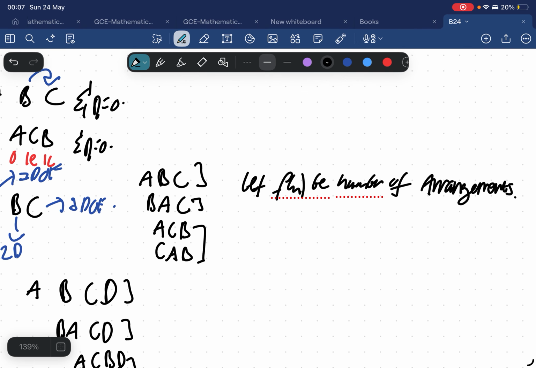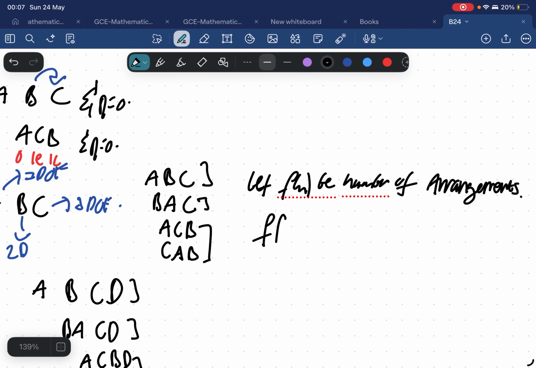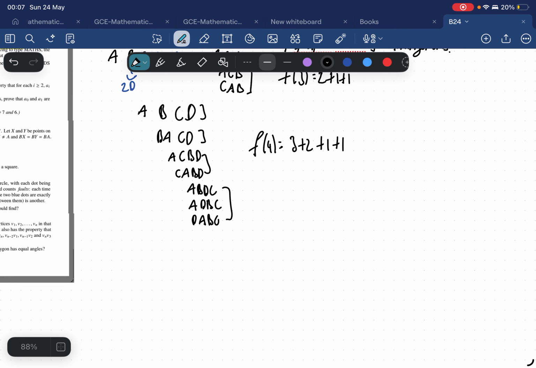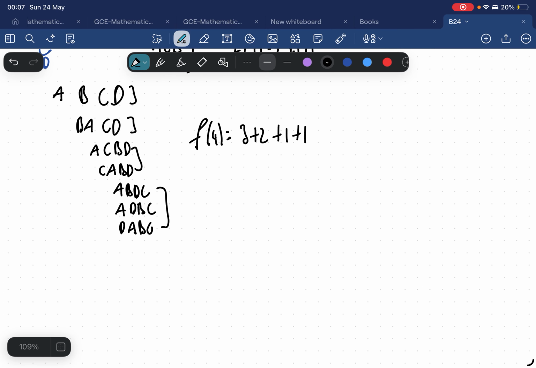But yeah, so you have that f(3) is equal to 2 plus 1 plus 1. Then we have f(4) is equal to 3 plus 2 plus 1 plus 1. And for f(5), let's try it. It's not really a very elegant solution, but we are getting a solution, perhaps.